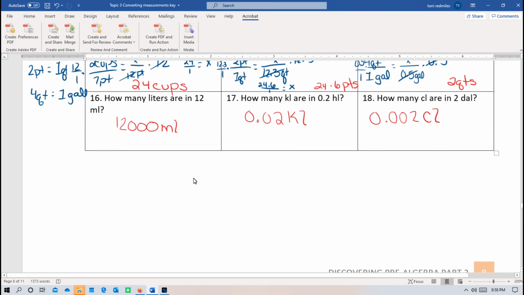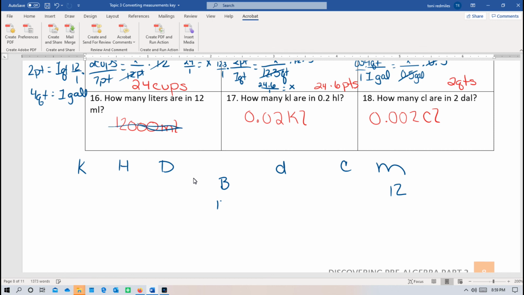Just a few more. How many liters are in 12 milliliters? Well, King Henry died by drinking chocolate milk. So I started out at a liter. Well, I'm at 12 milliliters, right? I can tell you that this is wrong, actually. It was brought the wrong direction.